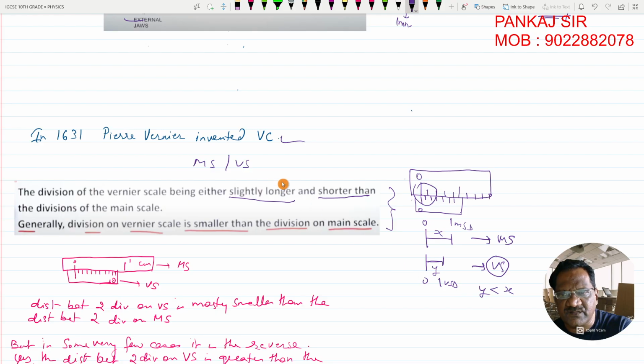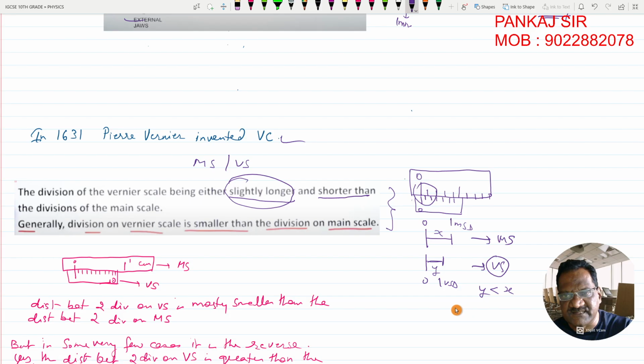This condition you will always see in a vernier scale. Generally, the division on the vernier scale is smaller than the division on the main scale. As I told you, don't worry about the slightly longer division because you will study that in higher classes. So you will always find this kind of case.